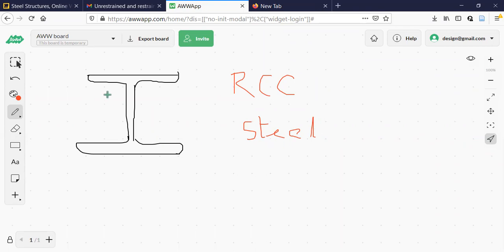You have to take the data from the market, and manufacturers manufacture these rolled steel sections based on the steel table only. So the design of a steel beam is easier than an RCC beam. You'll come to know why it is like that.